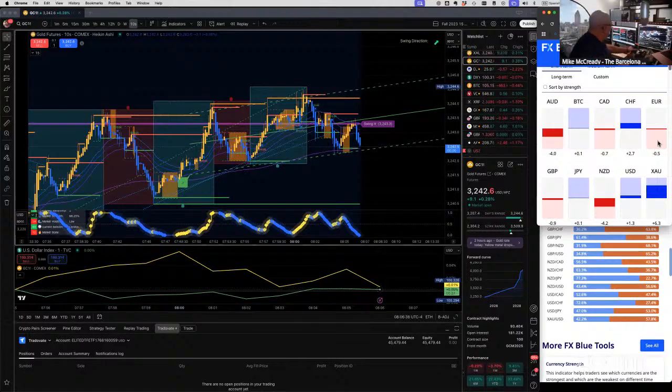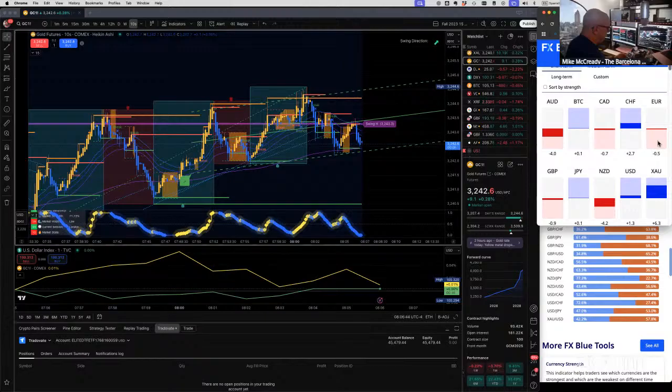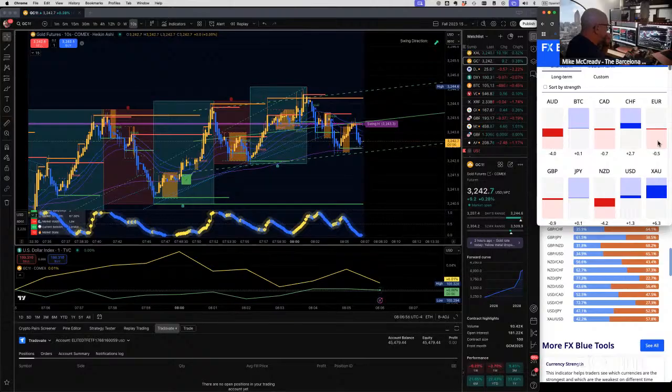I might set an alert here. I've got the minutes alerted on my watch, but I might set a price alert here, just because I might work on a document and look away from the chart in case that happens. I'm just going to see where we think there's a good trade here.